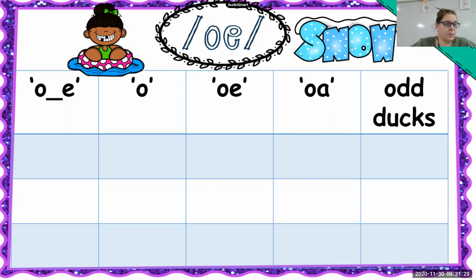So if I have the word no, N-O, where would it go? It would go with just the O's, right? Because the O is what says O. What if I had the word toe, T-O-E, where would it go? With the OEs, okay? What if I had the word goat, G-O-A-T, where would it go?